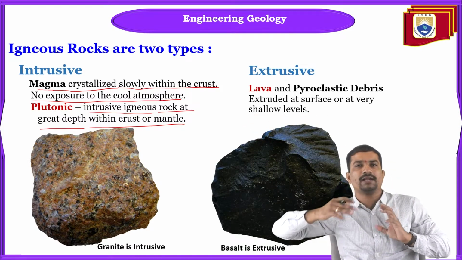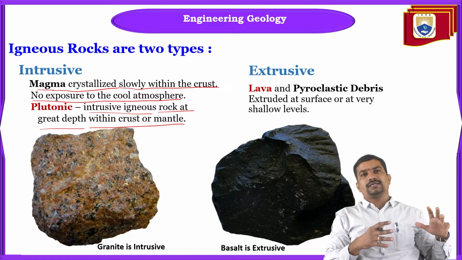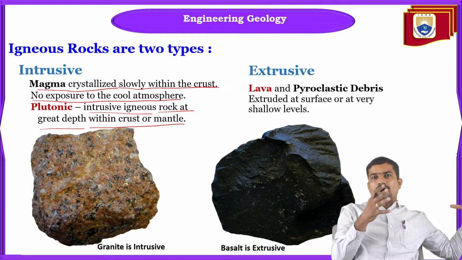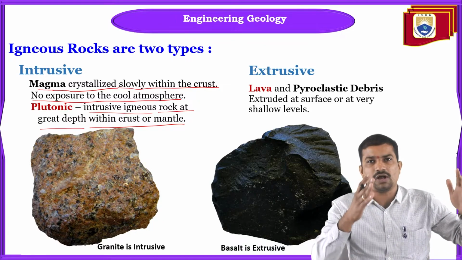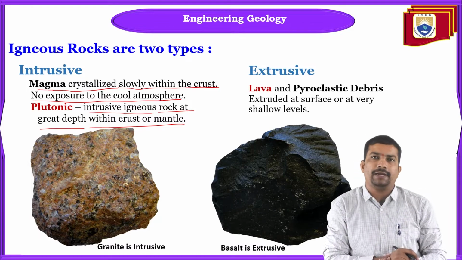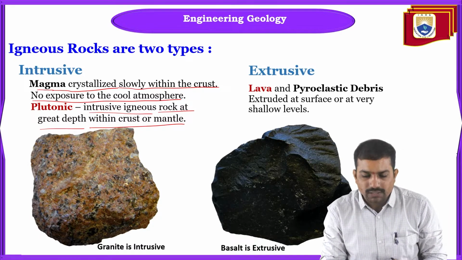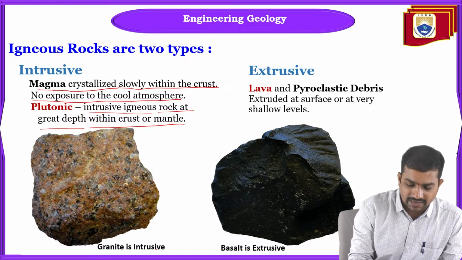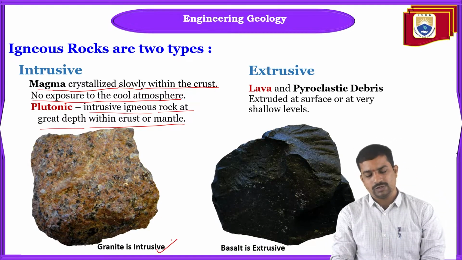Whatever minerals are present inside the crust, the different combinations of minerals may form a strong solidified rock having different sizes of grains in it. An example is granite, an intrusive rock.